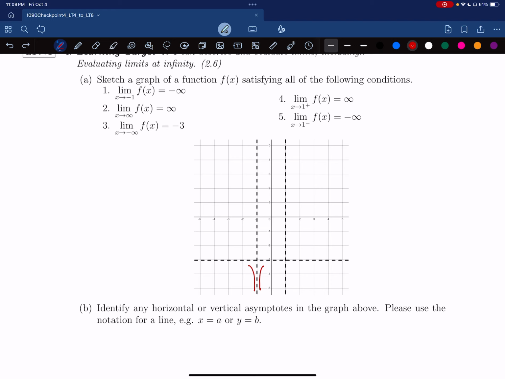Next, we have that as x approaches infinity, y will approach infinity as well. So I'm just going to draw a little something like that. Because as I go to the right on the x-axis, the y-axis will also go up. So these two are done. Now we have that as x approaches -infinity, which is going to the left, y approaches -3.